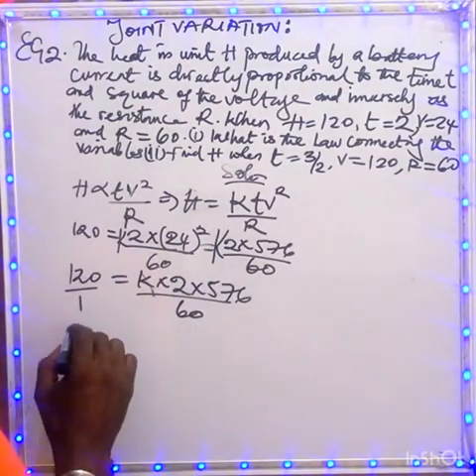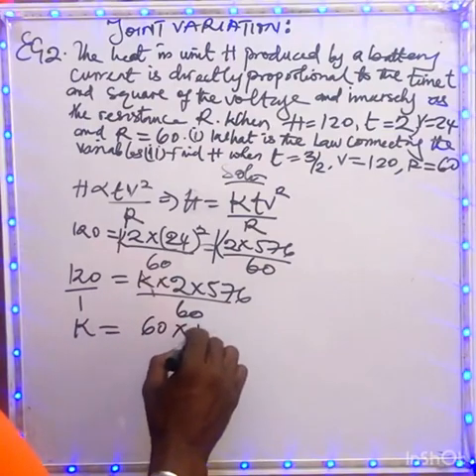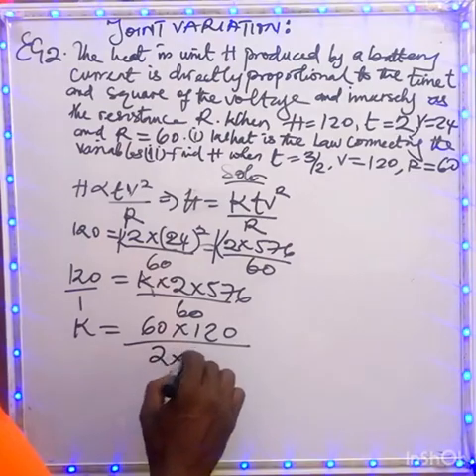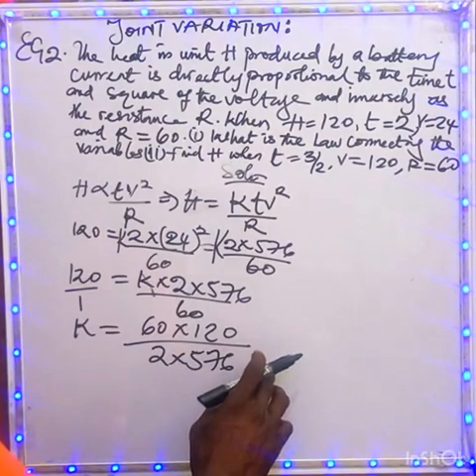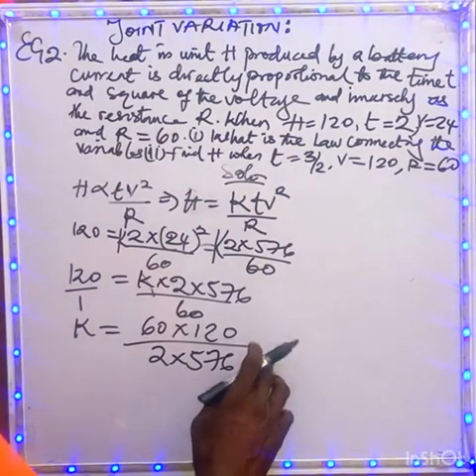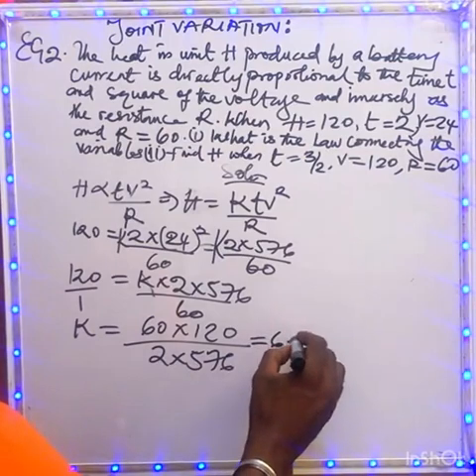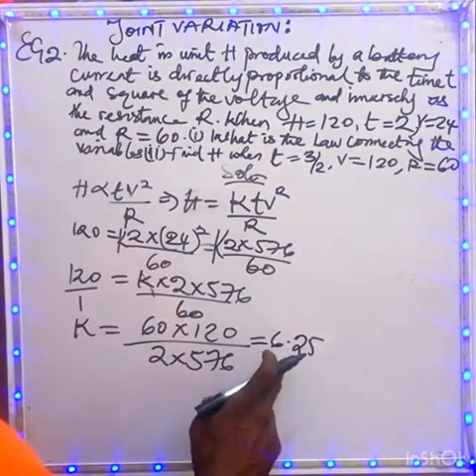So when you cross multiply, you have that K is equal to 60 multiplied by 120 all divided by 2 multiplied by 576. When you look into it, you'll find that what you get is 6.25. So the constant of the equation is 6.25.